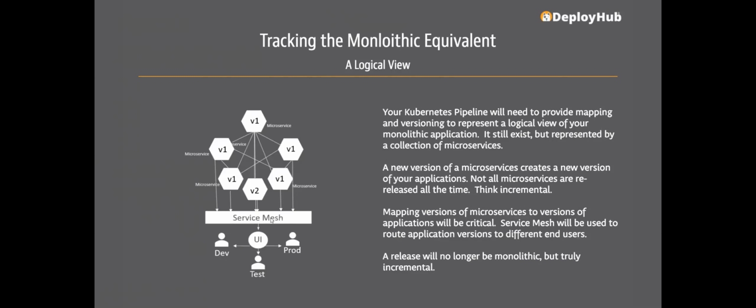So instead of having a dev, test, and prod environment, you're not going to have that waterfall anymore. We're finally going to blow up the waterfall. And what you're going to have is service mesh routing personas to different versions of the microservices that need to be used. Think of this as feature flag management. So when you have an application that has version 1 of all of these different microservices, and then you now have a version 2, service mesh may reroute the dev team to run the application with version 2, but prod and test are still at version 1 of everything.